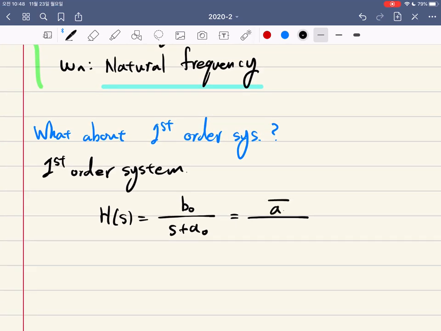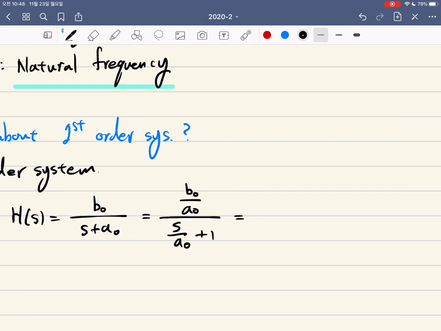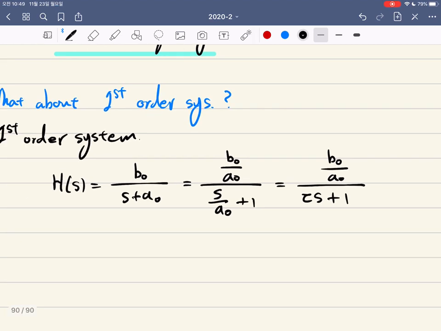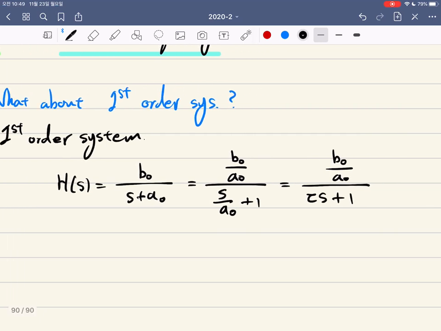And it'll be B0 over A0 and S over A0 plus 1. And we introduced tau as the time constant of the first order system. So tau, which is 1 over A0, is called the time constant.